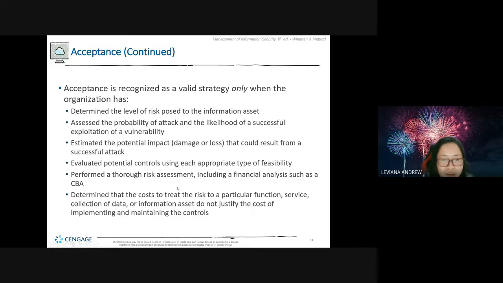Perform a thorough risk assessment, including CBA, cost benefit analysis, and determine that the cost to treat the risk to a particular function, service, collection of data, and information asset does not justify the cost of implementing and maintaining the controls. If all of these have been considered, and then it was determined that the impact is not that great, therefore acceptance is a valid strategy for that case.